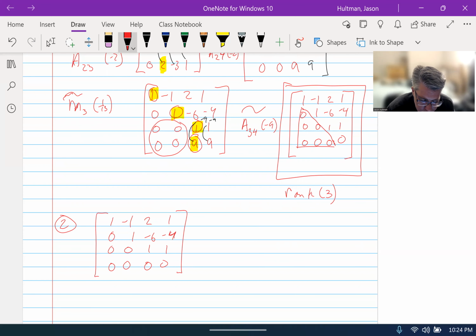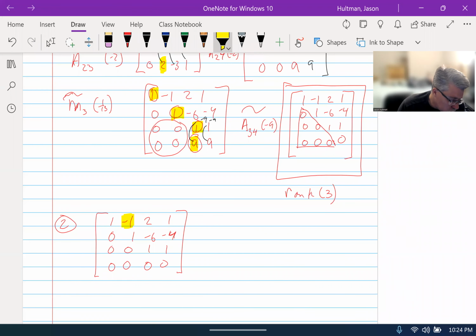Okay, so how can I make this element in the row 1, second column entry a 0? Well, if I just add that to row 2, that resulting row will contain a 0.